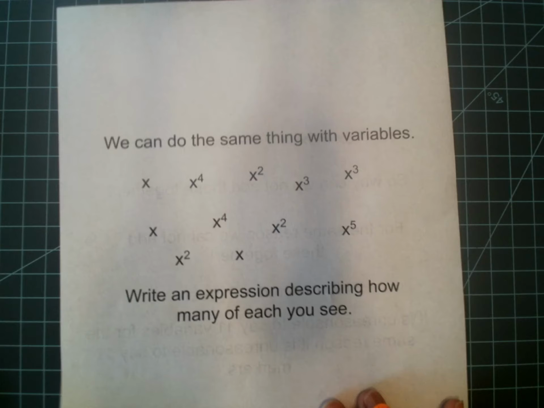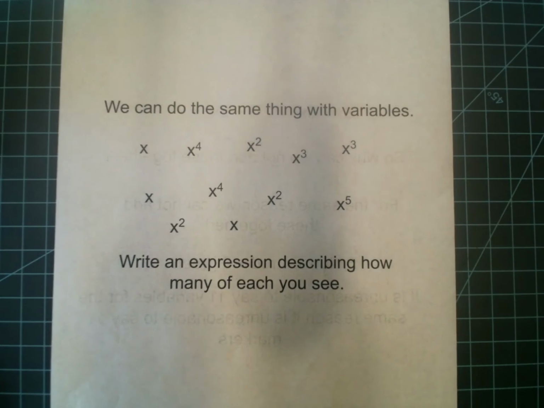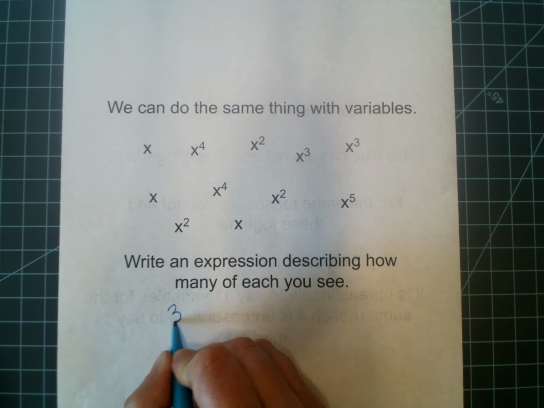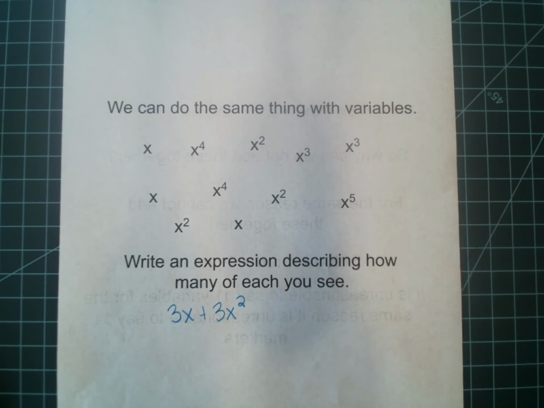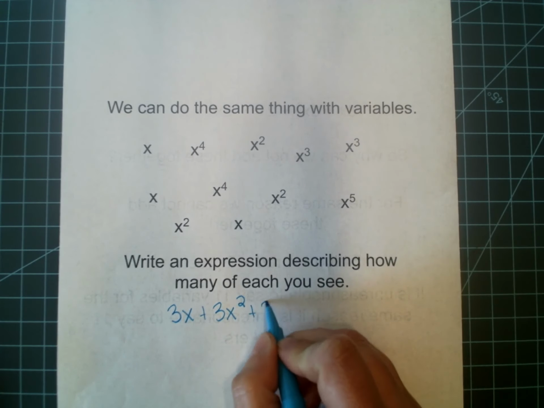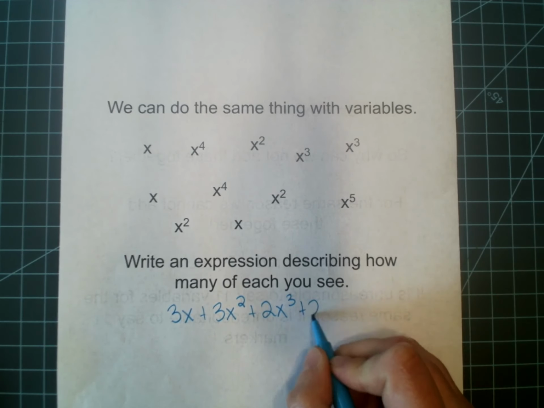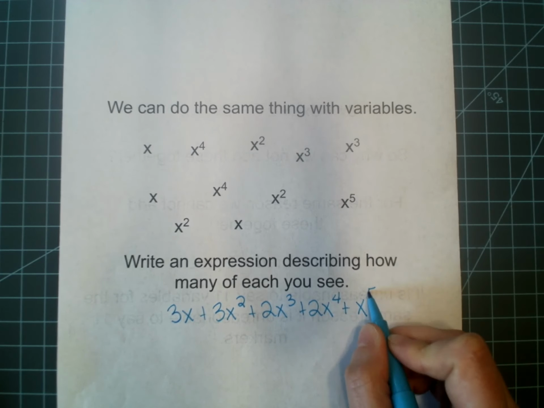So if I wanted to write an expression describing how many of each that we see, I could write that using addition, because what I have here is 3x plus 3x squared plus 2x to the third plus 2x to the fourth plus x to the fifth.